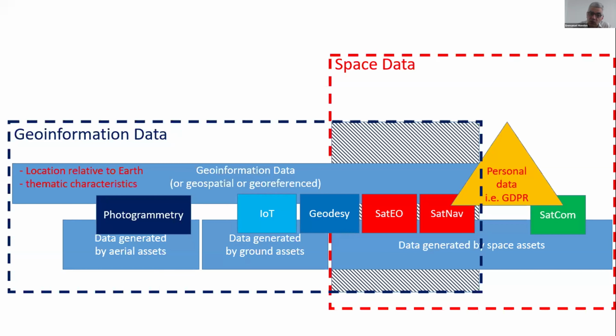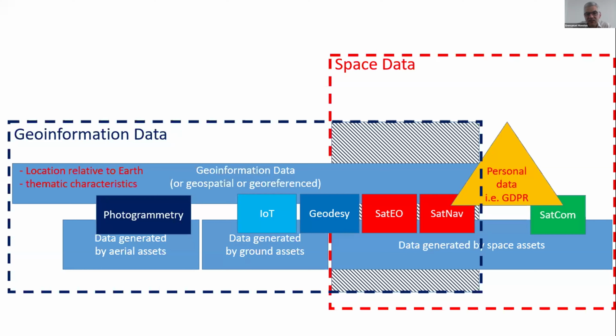And or this data could be derived from aero assets or even ground assets. We see here there is an overlap when we're speaking about geoinformation data and space data.